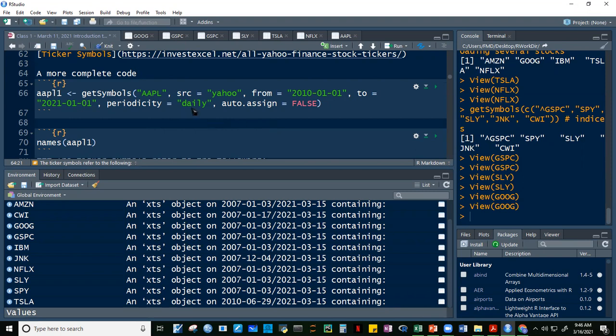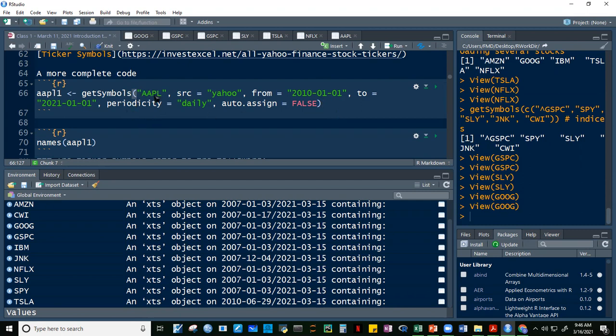We can identify the periodicity, which is daily prices, pwedeng weekly yan, pwedeng monthly, pwedeng actually annually kung malaki yung period natin. And then we have this auto.assign. Ano ibig sabihin ng auto.assign is equal to false? Pag auto.assign is equal to true, ang gagawin yan, automatically, si R ang magbibigay ng pangalan ng object.